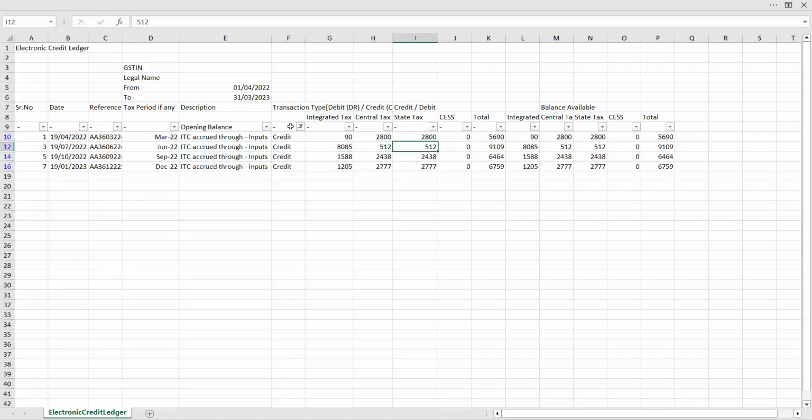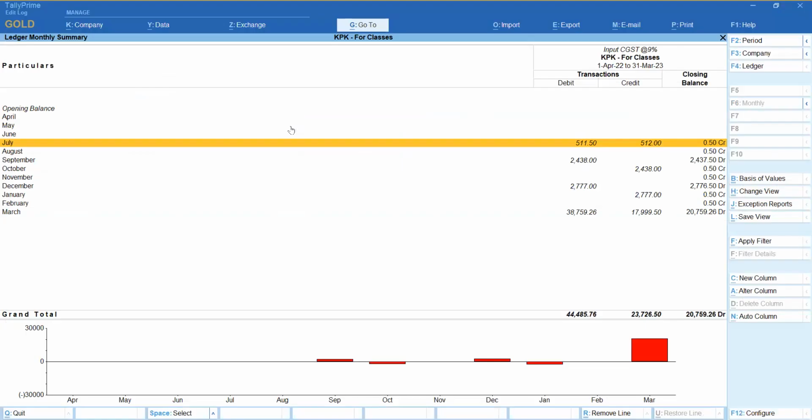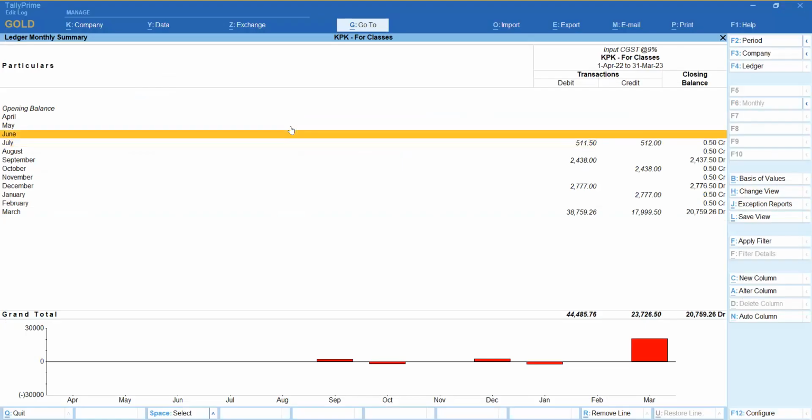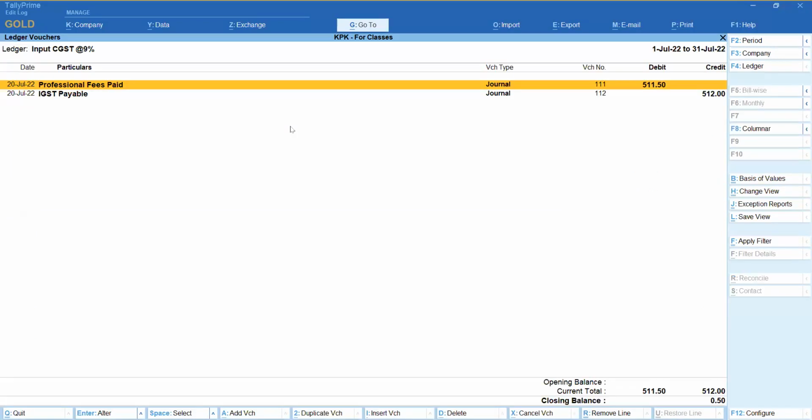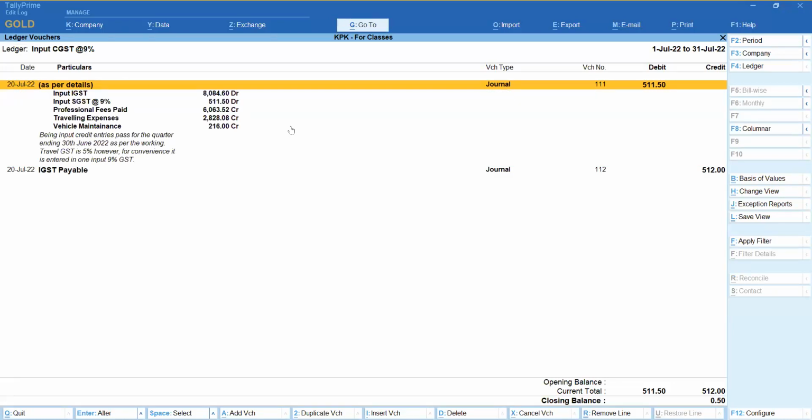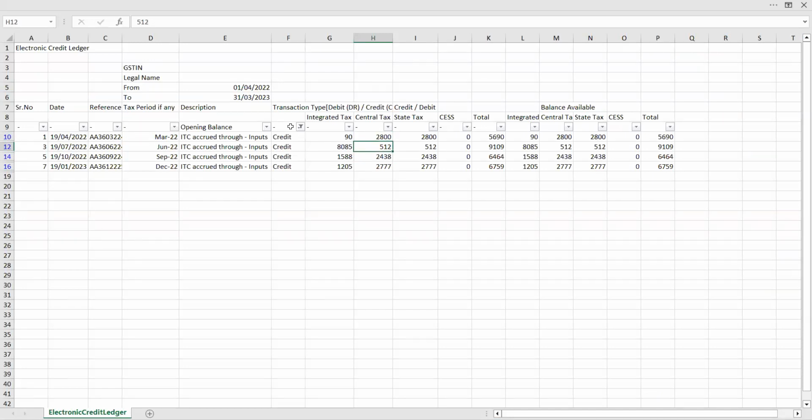That means there are purchases for which you are eligible for input credit. Okay, so this money should have got accumulated by 30th June. Because my books were not proper, I am taking a single entry, like 512, I have taken one entry in the month of July 20th, so that it is matching with my CGST input.